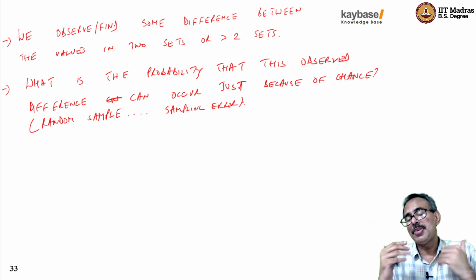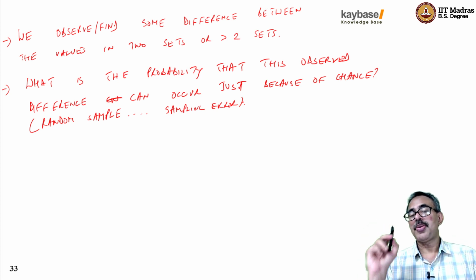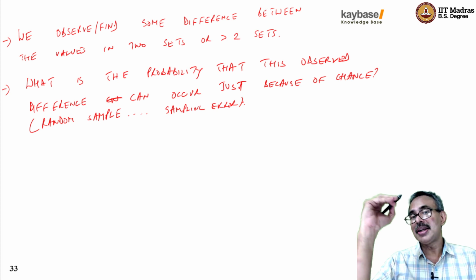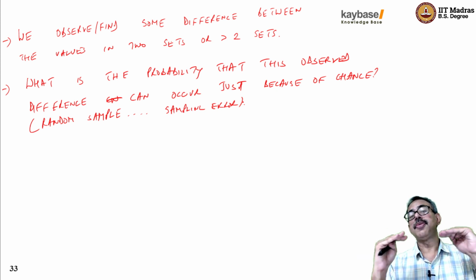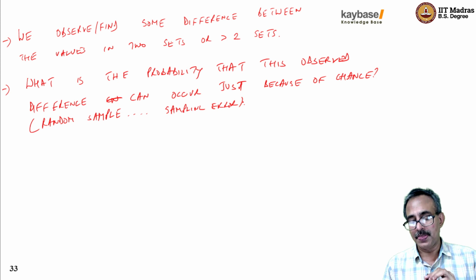Right? This is clear. I'll repeat this. If the probability is high that the observed difference can occur purely through chance, then we conclude that there is no real difference between the two data points.